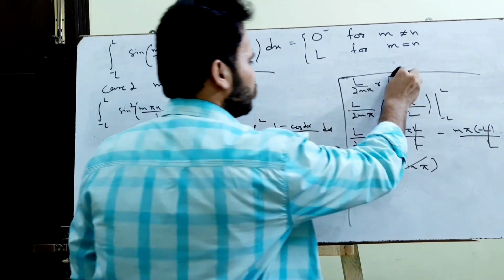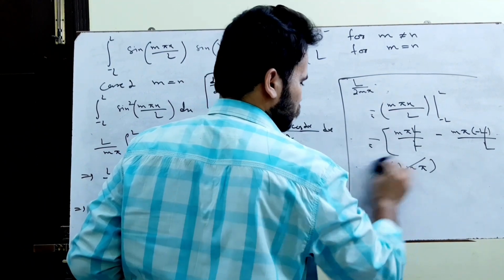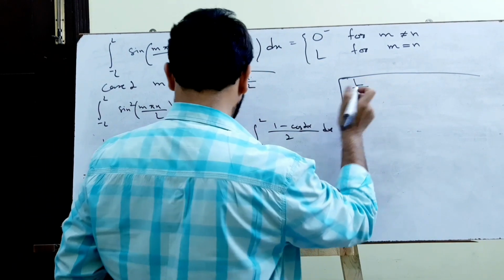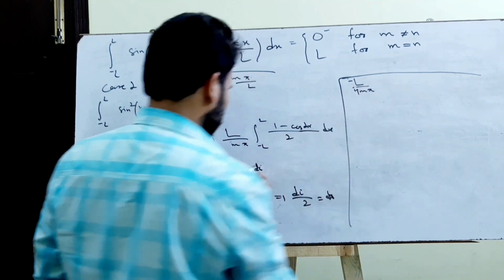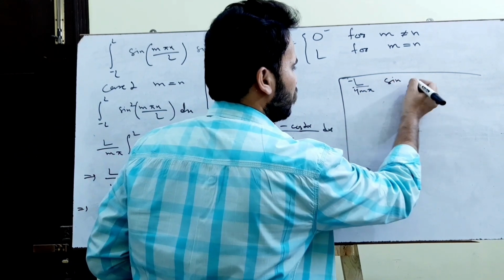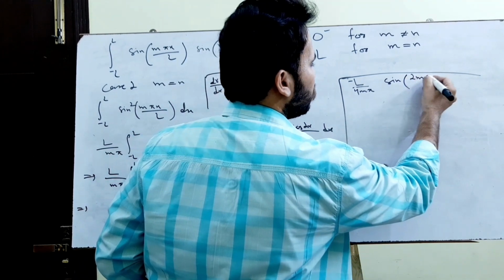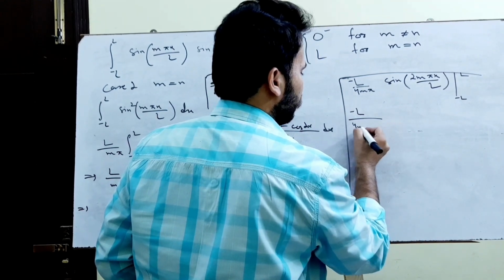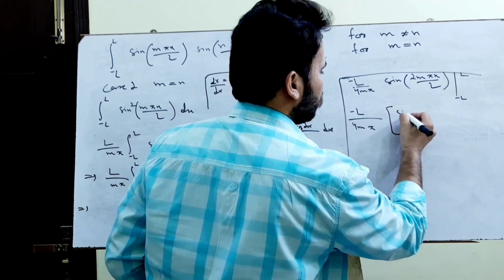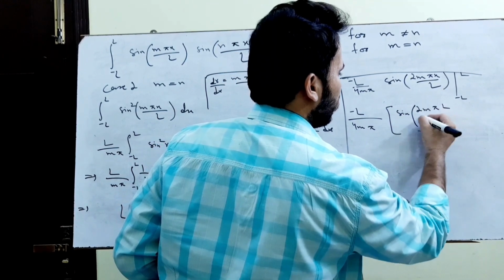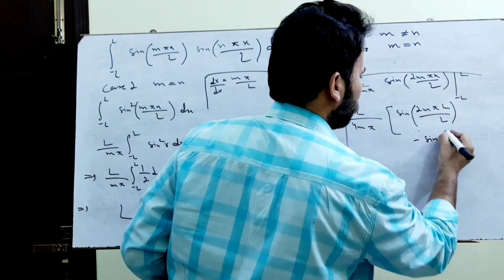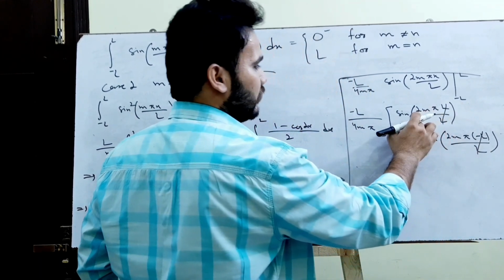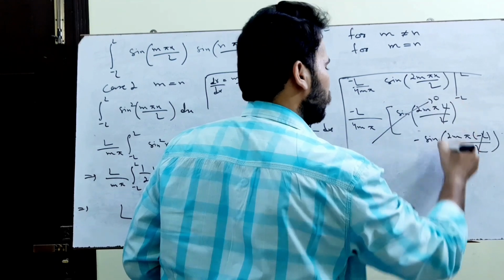Now computing this result, this will be the integration of cosine I, sine I, where I equals 2 m pi x over L, limits negative L to L, over 4 m pi, sine 2 m pi L over L minus sine 2 m pi negative L over L. L cancels out, again sine of pi is 0.